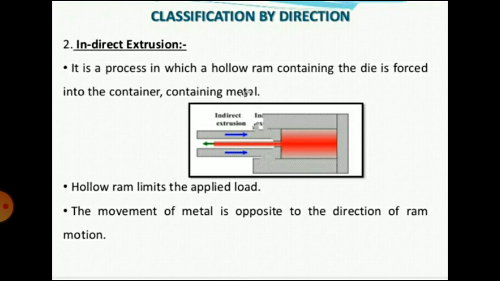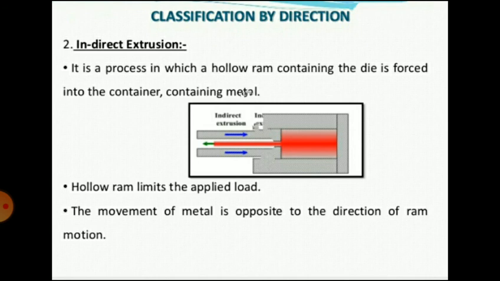The movement of metal is opposite to the direction of ram motion. That is the basic difference between direct and indirect. In direct extrusion, the direction of the extruded material and the ram movement are the same, but in indirect extrusion, the movement of the metal is opposite to the direction of the ram travel.